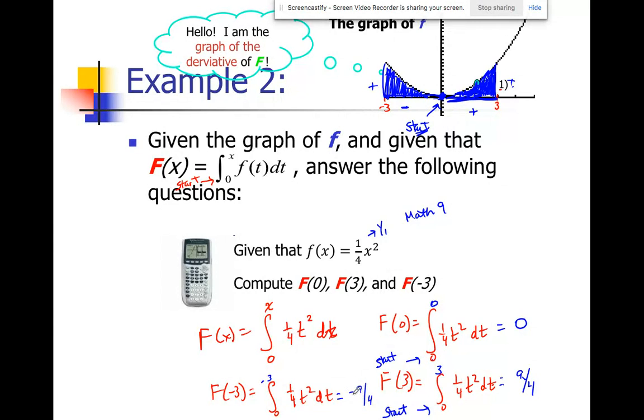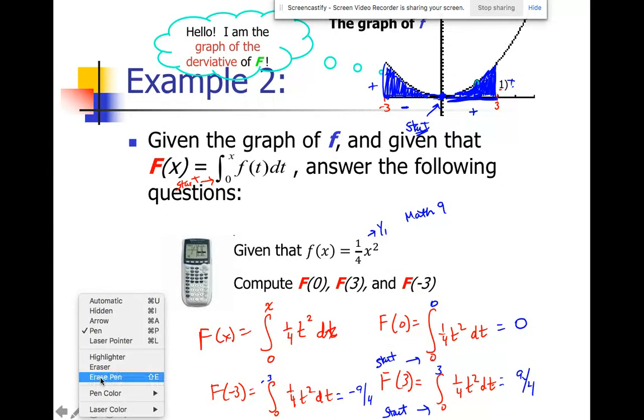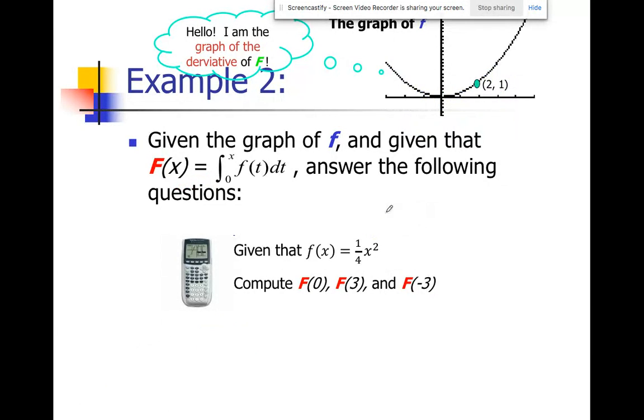Now, let's put all of the information together. F of 0 is 0. F of 3 was 2 1/4. F of -3 was -2 1/4.